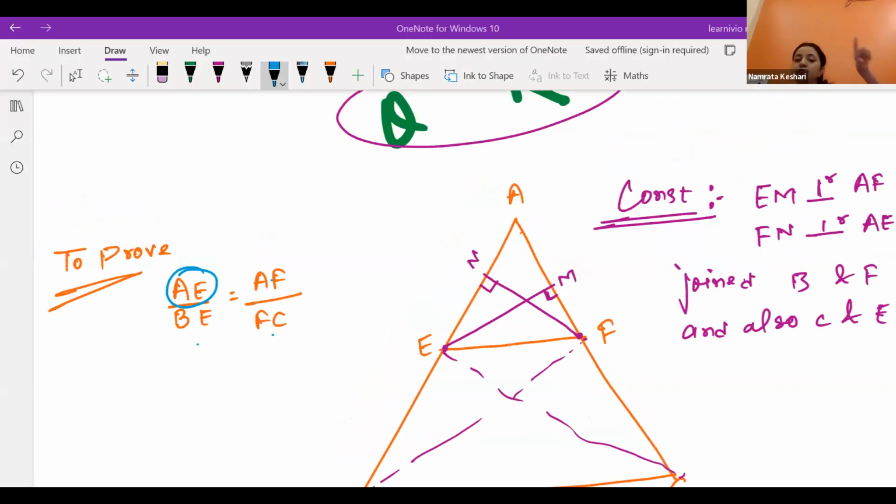क्योंकि हमारे प्रूफ में न्यूमरेटर में AE है, तो हम एक ऐसा ट्रायंगल सर्च कर रहे हैं जिसमें AE साइड तो होना ही चाहिए. ओके, एरिया की हेल्प लेंगे हम यहाँ पे. सो वी आर चूजिंग ट्रायंगल AEF. नाउ इन दिस ट्रायंगल AEF, if you have to find the area of the triangle AEF, AE रहना चाहिए, ठीक है.